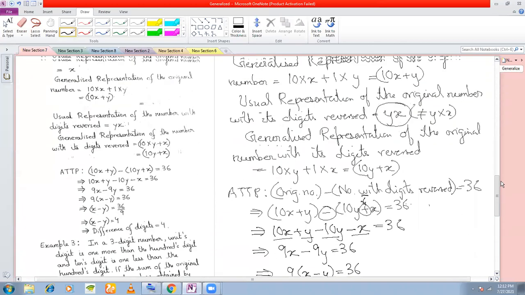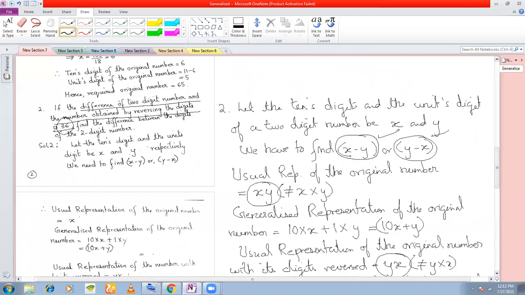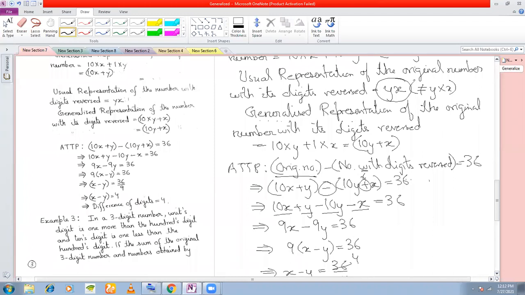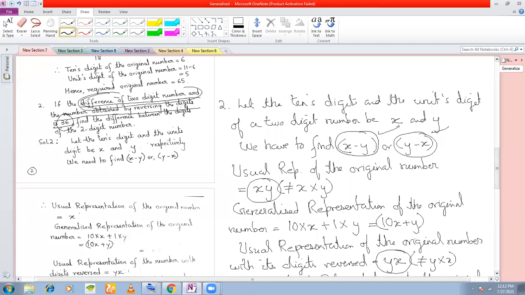Now the question is, they have said the difference between the 2-digit number and the number with the digits reversed. I have taken original minus number with the digits reversed. You can take the other way around also, because the word difference is given. I don't know whether it is original minus digits reversed or digits reversed minus original.